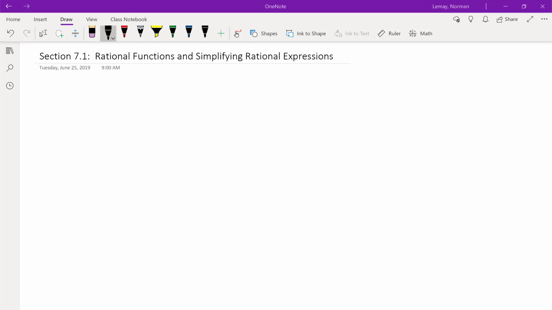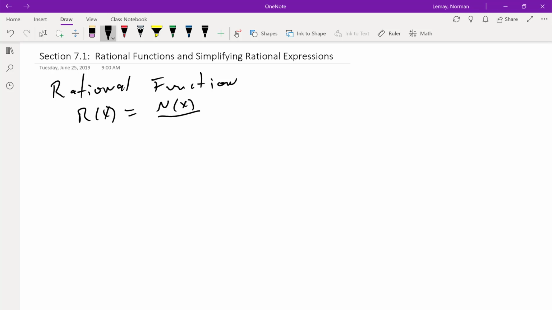So let's just note that a rational function, which we have seen before earlier in our session, is nothing more than a function r of x that can be written in a fractional form, where the top part is a polynomial and the bottom part is also a polynomial.